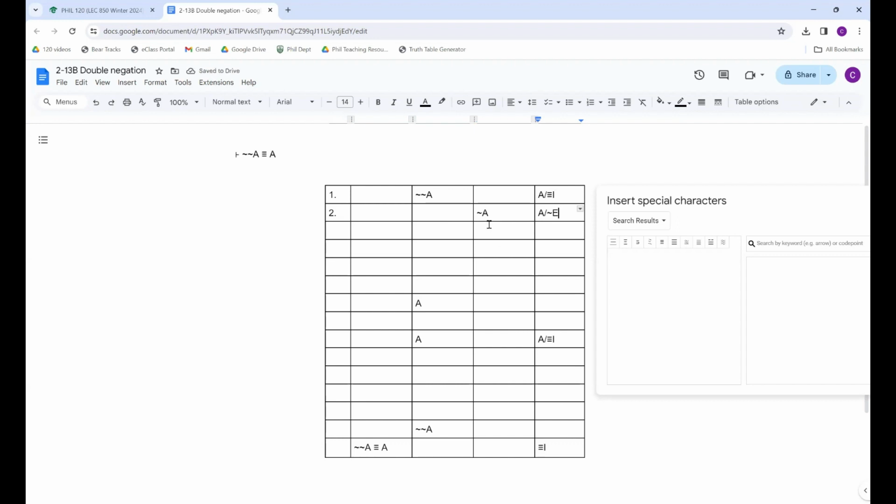And now to end this subderivation, we need a contradiction. We need sentences of the form Q and not Q. So we need a sentence and we need its negation. And we actually have that already. We've assumed not A here, and we've assumed not A here. So all we need to do is reiterate them.